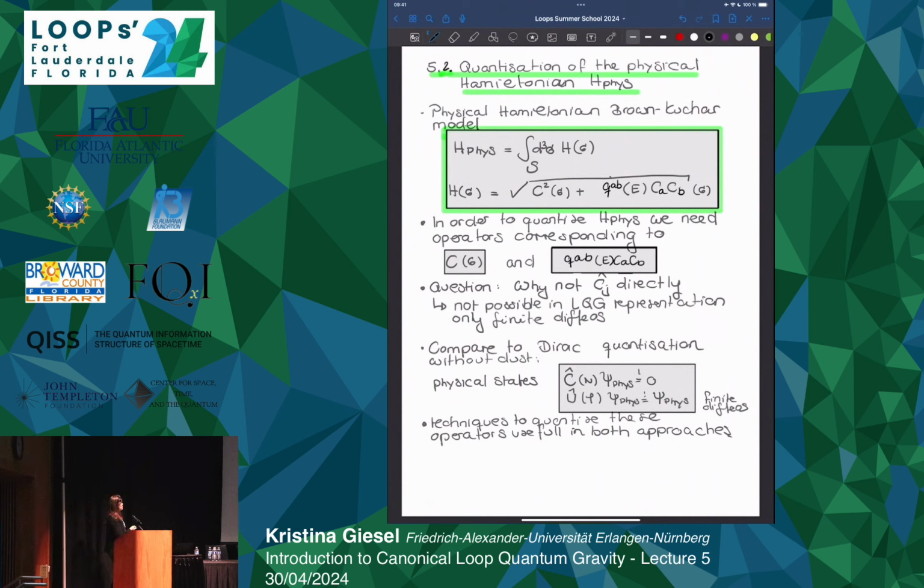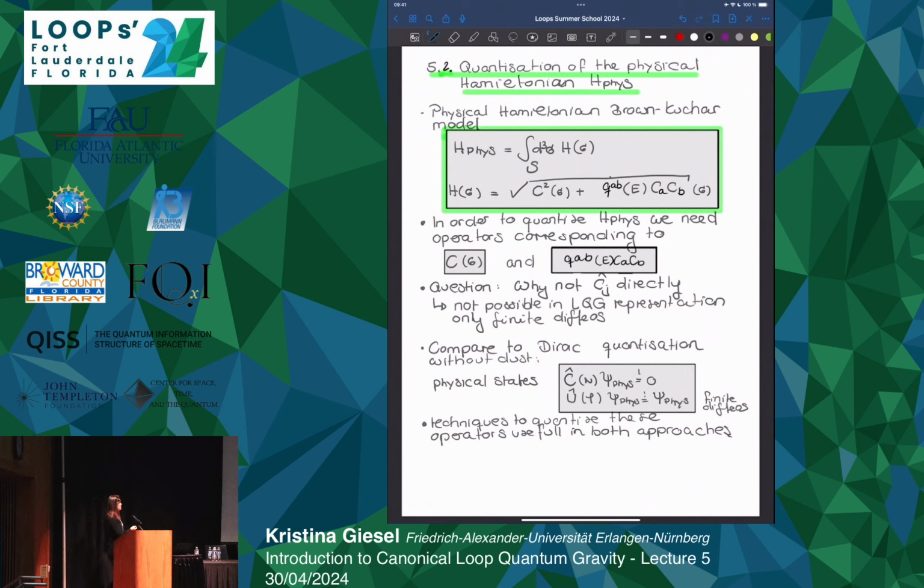And just to recall, the physical Hamiltonian in this dust model was given as an integral over the entire dust space S of the Hamiltonian density, which in this Brown-Kuchař model had the square root form, where we had the square of the geometric contribution to the Hamiltonian constraint, and then there should be a minus, so minus q^{ab}, and then a contraction with the diffeomorphism constraints. So if we think of promoting this expression to an operator, we have to be able to quantize C of sigma.